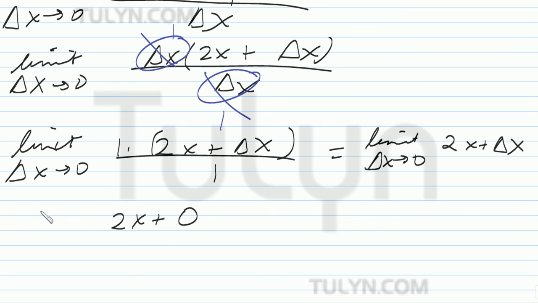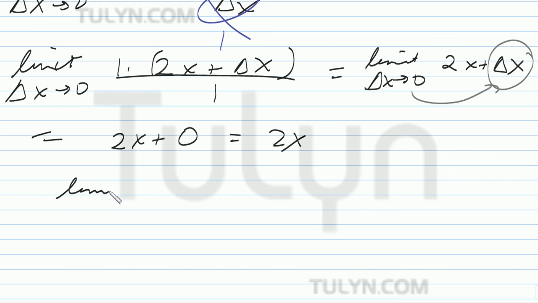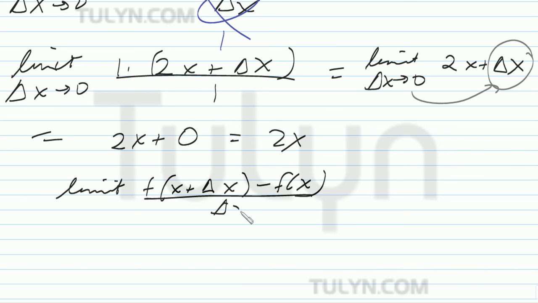After you plug it in, it's going to be equal to 2x plus 0, and that's going to equal 2x. So wherever I see delta x, I'm just going to put this 0 in, right? And so then I get the limit of f of x plus delta x minus f of x, divided by delta x, as delta x approaches 0, equals 2x.